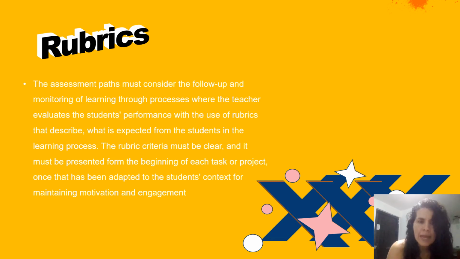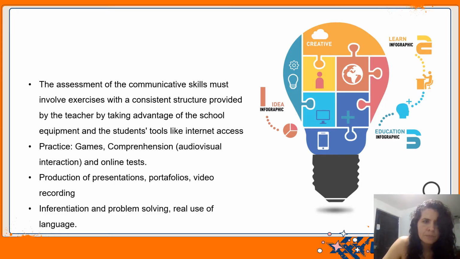The rubric criteria must be clear and presented from the beginning of each task or project, once it has been adapted, obviously, to the student's context for maintaining motivation and engagement.